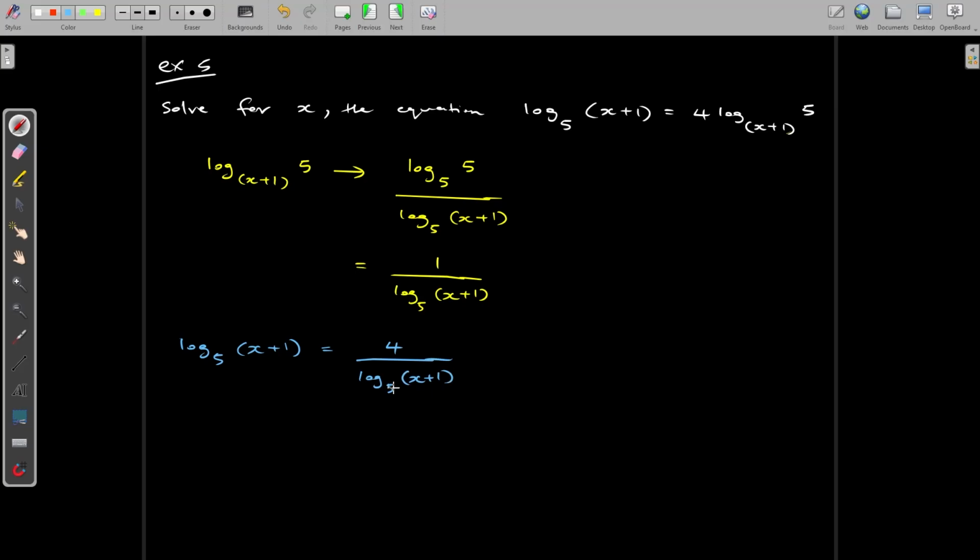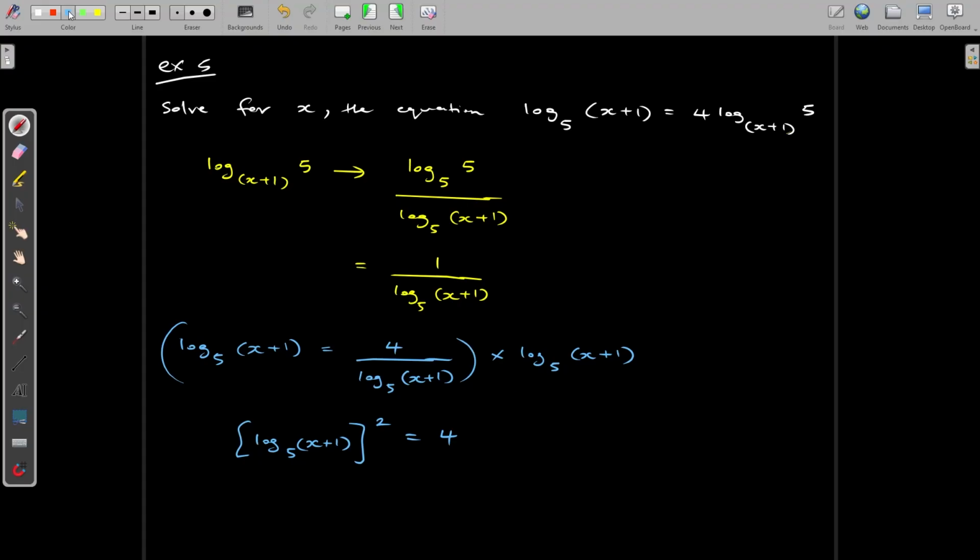And then from here on out, we can do the same thing. Multiply both sides by log base 5 of x plus 1. So that will give us log base 5 of x plus 1 being squared is equal to 4.